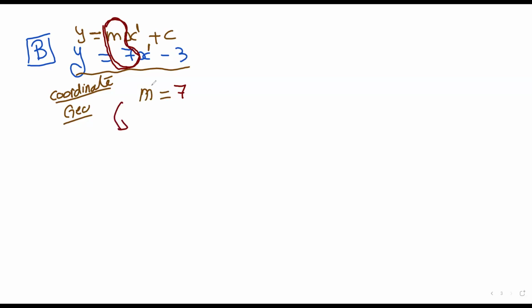طيب, can I change the letter m into dy by dx? Yes, of course I can. لأن احنا قلنا the differentiation is the gradient. So if I ask you the question differently, instead of saying find the m, لو أنا جيت قلت لكم find dy by dx, ما هو يا جدعان dy by dx is the gradient. So what is dy by dx? 7. تمام؟ يعني إيه?